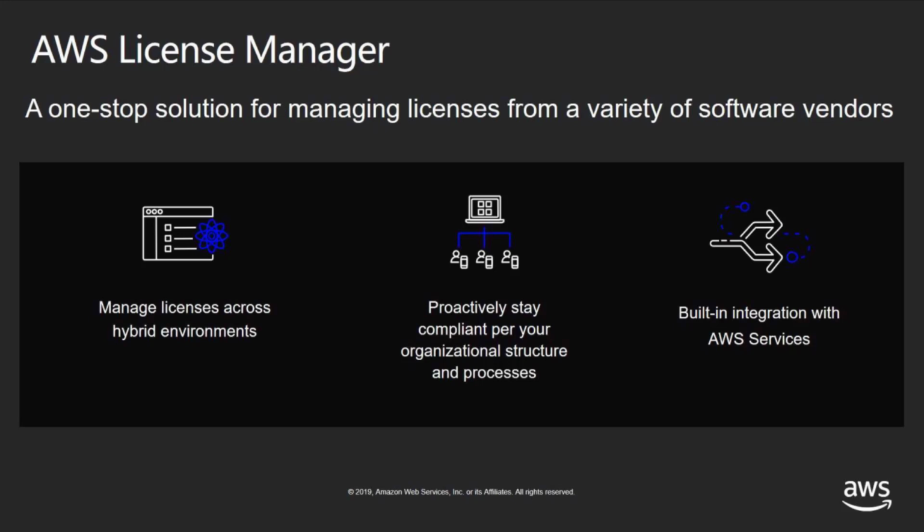With License Manager, you get the flexibility and control to track and measure compliant license usage and to proactively prevent overage and non-compliant license usage. You can set up License Manager based on your organizational structure and processes. AWS License Manager provides built-in integration with multiple AWS services to make license management easier. We will talk about those integrations later in this presentation.